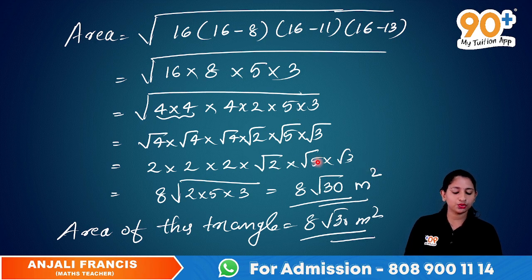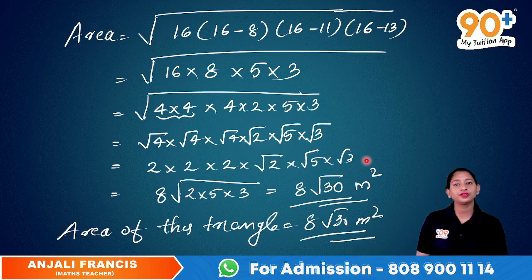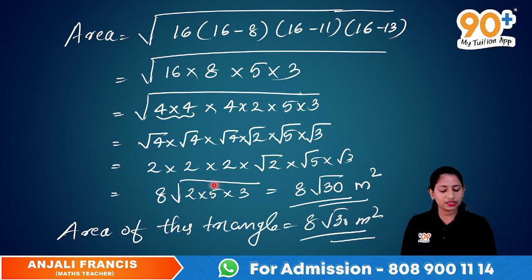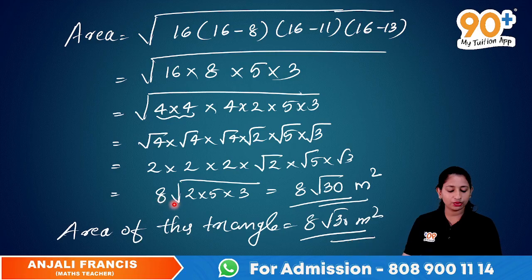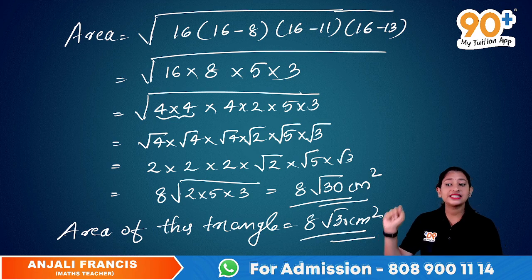So this √2 √5 √3 we cannot simplify, and there is no root value that comes as whole numbers or natural numbers. So we are just writing it like that, 8 root of 2 into 5 into 3, and it will be 8 root 30 meter square. So area of triangle is equal to 8 root 30 meter square, in the area centimeter square because we are just finding the values all in centimeter.